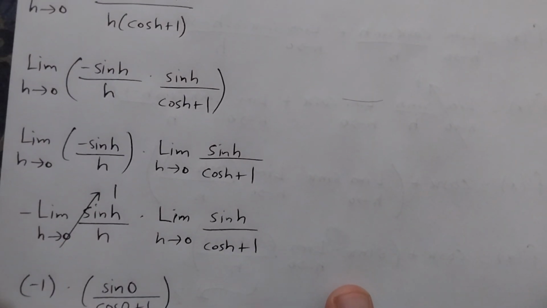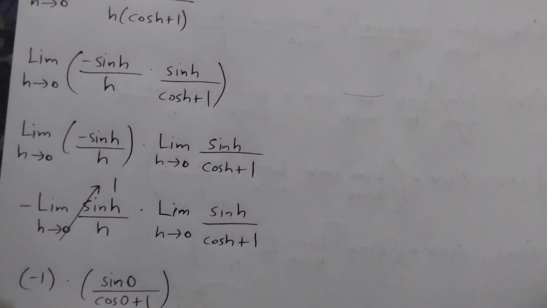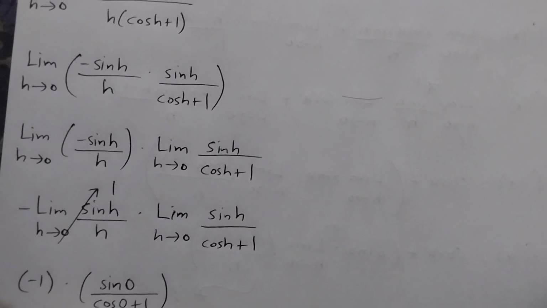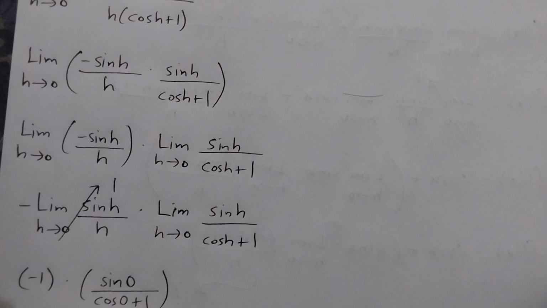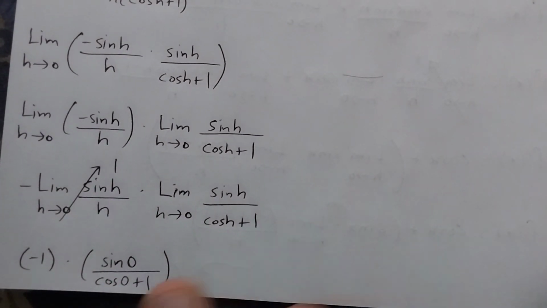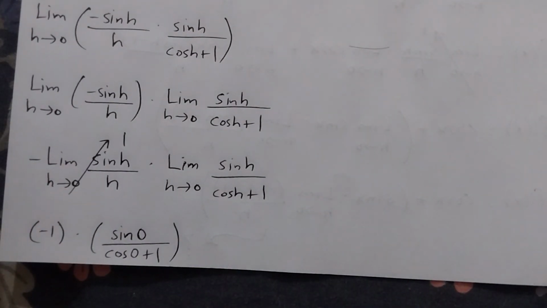For the first limit, you can take this negative sign out, and it becomes the limit of sin h over h as h approaches 0, which is equal to 1. And the second limit is the limit as h approaches 0 of sin h over (cos h plus 1).